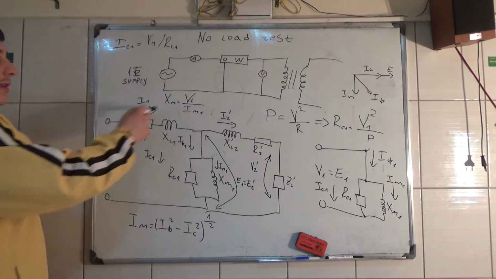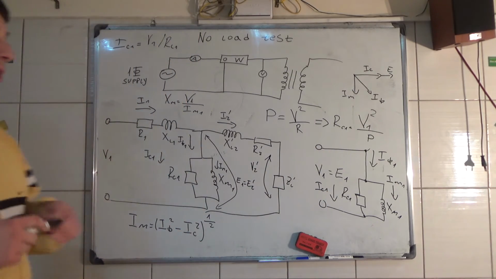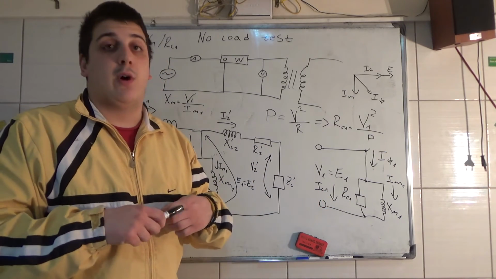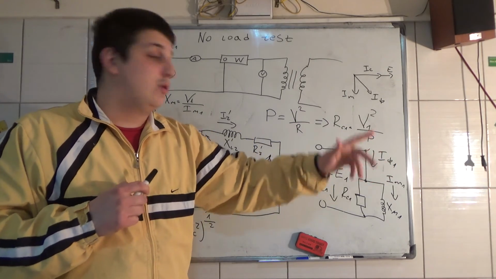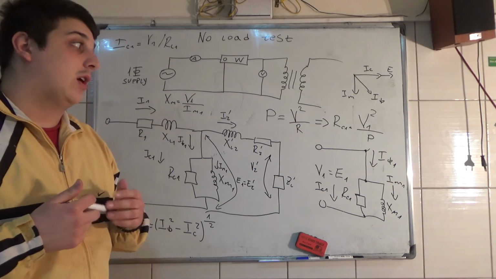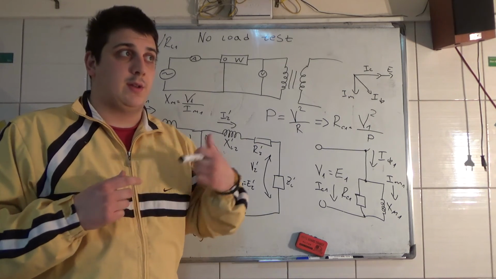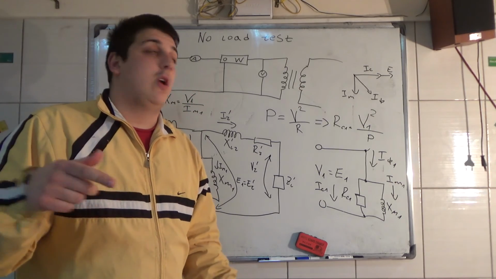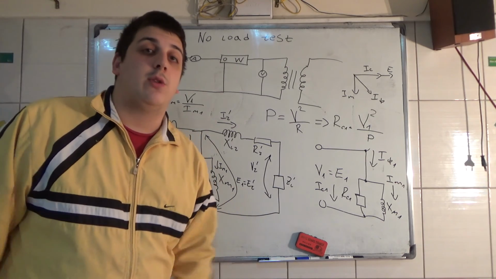So we calculate Xm, we calculate Rc, and these are the parameters from the primary side. Okay, and if you want to transfer this to the secondary side, you just divide this by a squared, and the current you just divide by a. So thank you, and see you in my next video. I'm going to show you the short circuit test. See you in my next video.